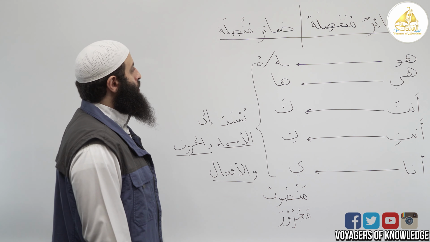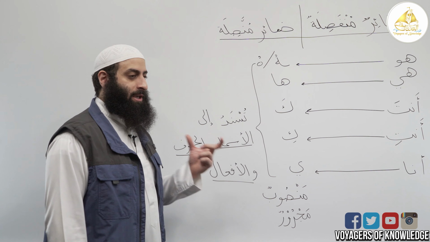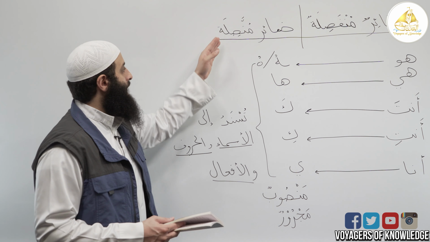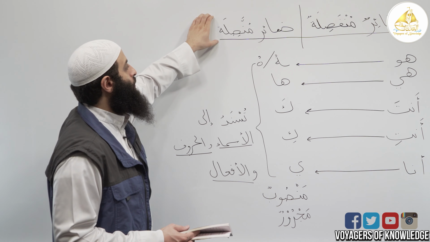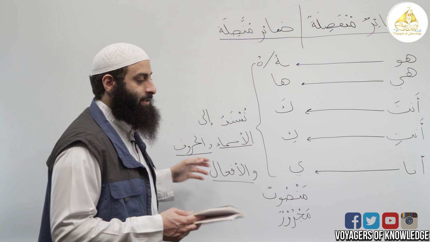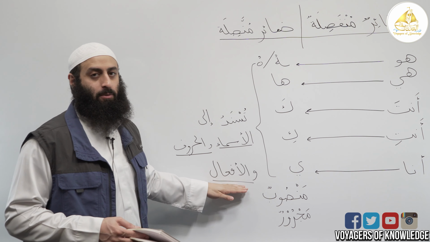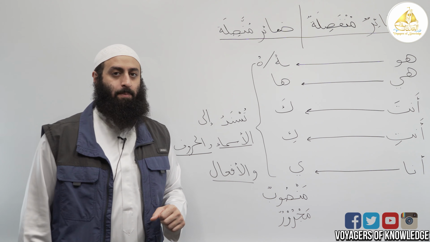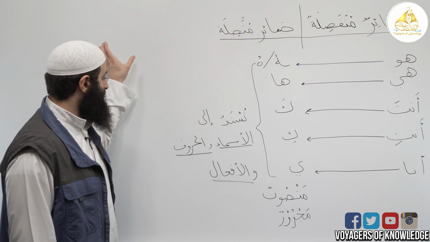Now, we are still yet to take in depth adding the ta, the ضمائر متصلة. There's another form of attached pronoun, right, that get attached to only verbs. And those ones come in the marfu' state. All right, we're still yet to take them.